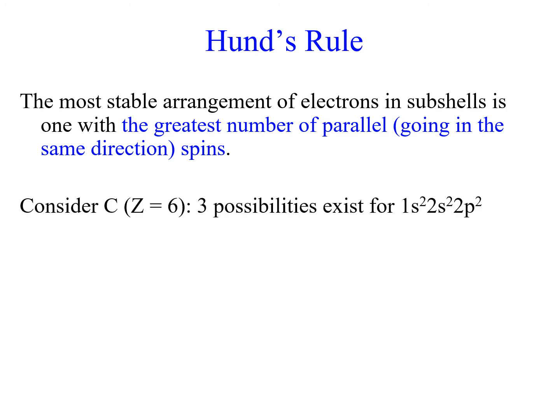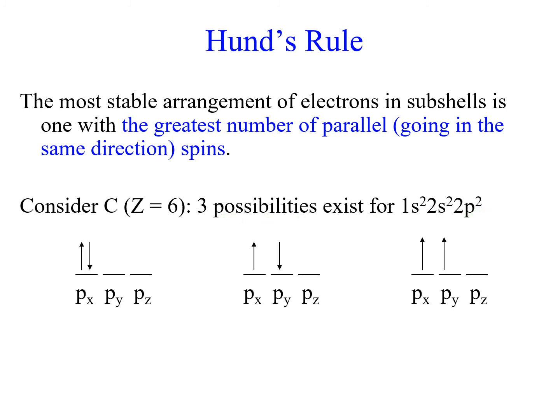And so let's look at carbon, where three possibilities exist for the 2p2 ground state electrons. The first is px, py, pz, of course, and we have two electrons that are both occupying a single orbital. In the second one, we have two electrons occupying individual orbitals, and in the third one, we have two electrons also occupying individual orbitals.